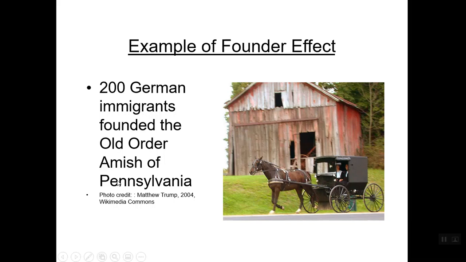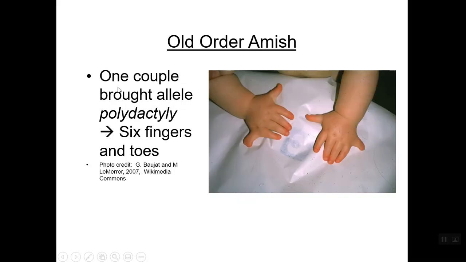And because of this population being founded by this small number of individuals marrying each other over and over, now you have a high incidence of this mutation or allele in old order Amish, which is not very representative of the incidence that you see in the German population in general, or even in the Amish populations in Germany. So this is a very good example of founder effect.